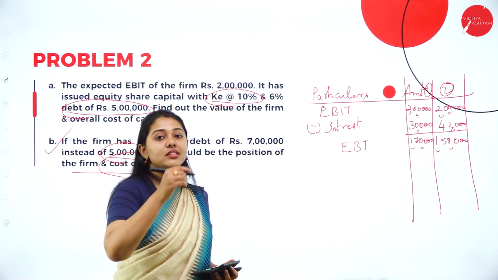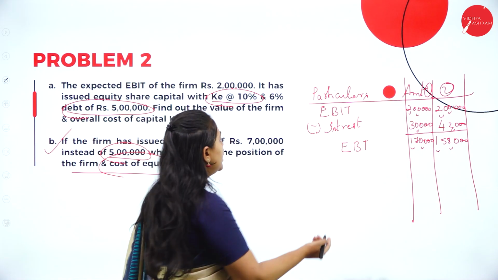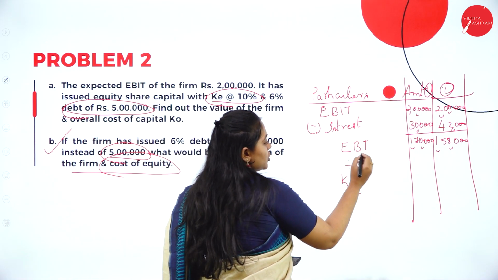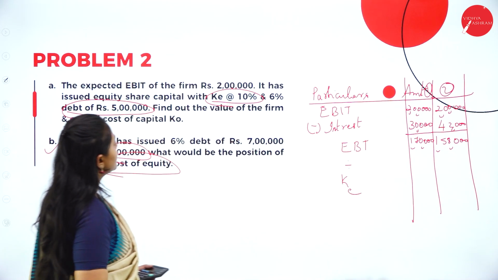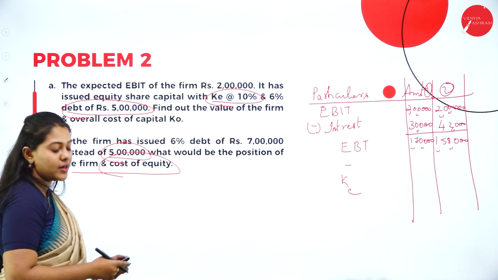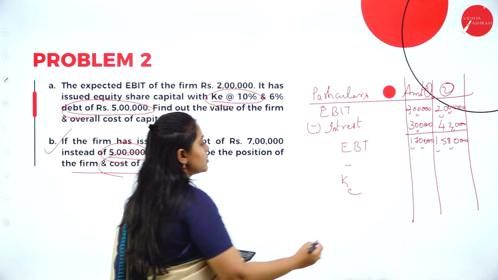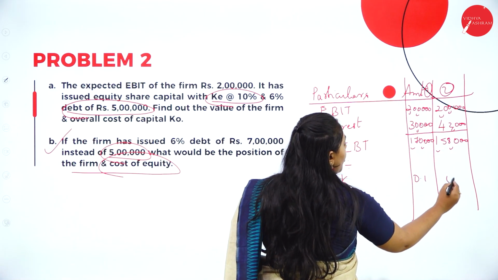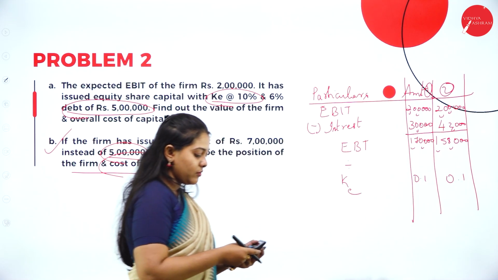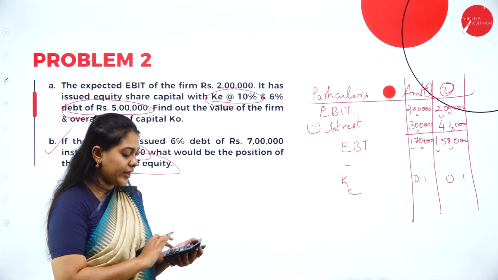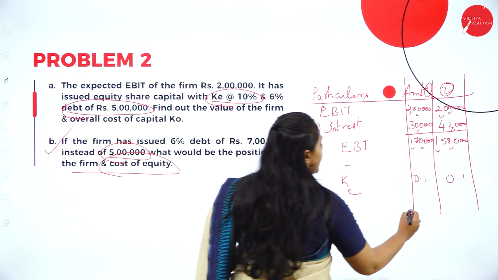Now what is the next step we are supposed to follow? Divide this by the equity capitalization rate. What is the equity capitalization rate given in the question? 10%. So 10 divided by 100 is 0.1. Let's divide: 1 lakh 70,000 divided by 0.1 will be 17 lakh.